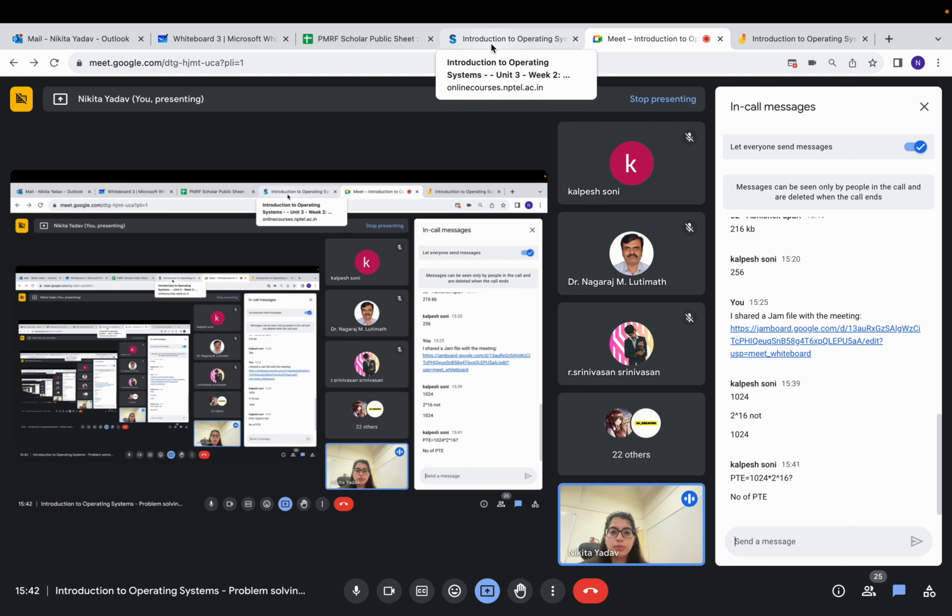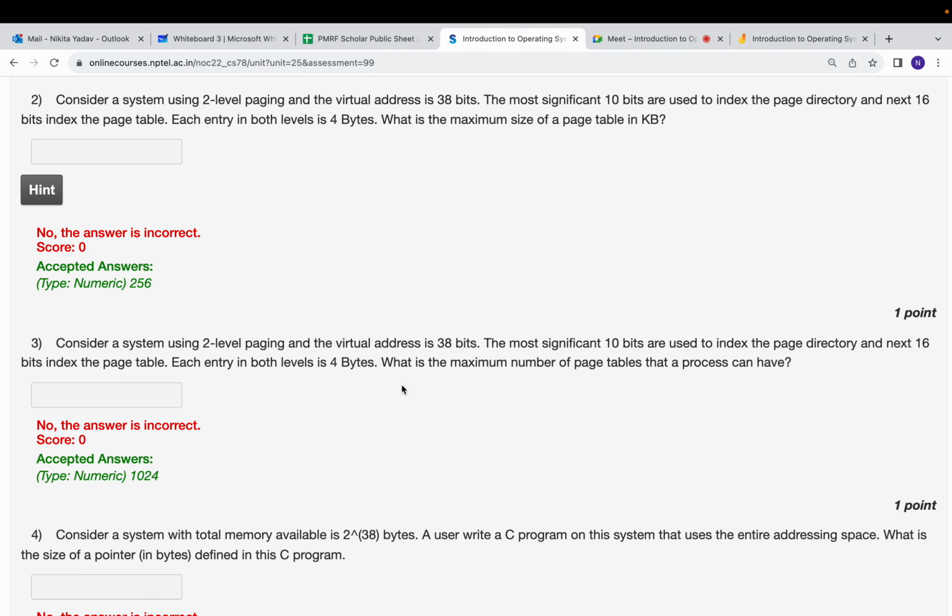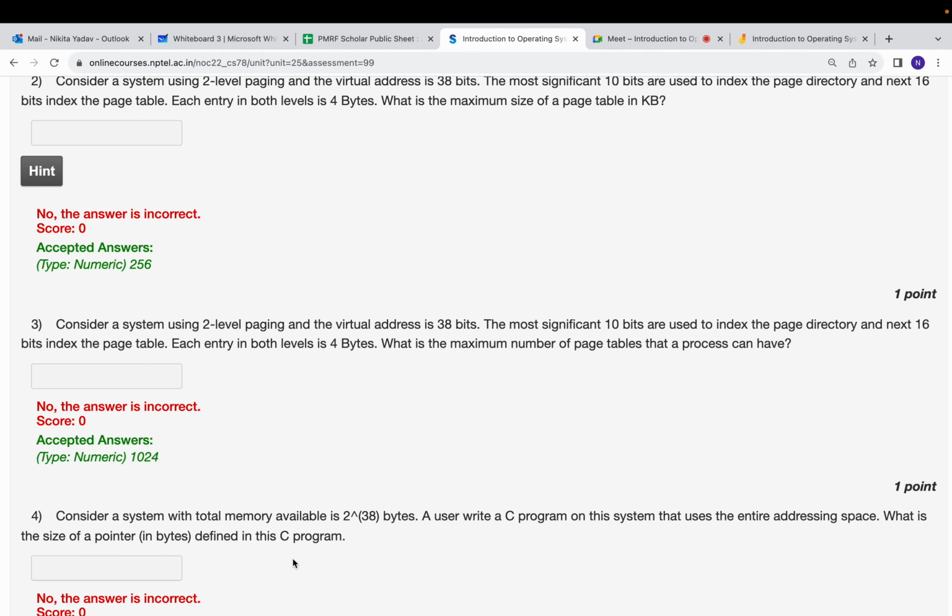Okay. I hope everyone is able to follow the questions and answers. Okay, next question. Consider a system with total memory available is 2 to power 38 bytes. So total memory is 2 to power 38 bytes. A user writes a C program on this system that uses the entire addressing space.